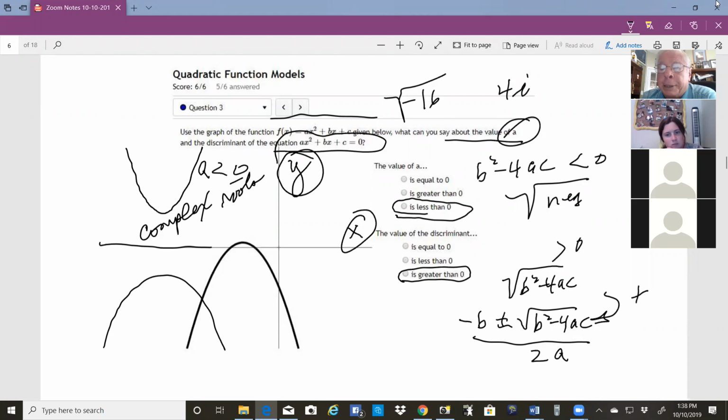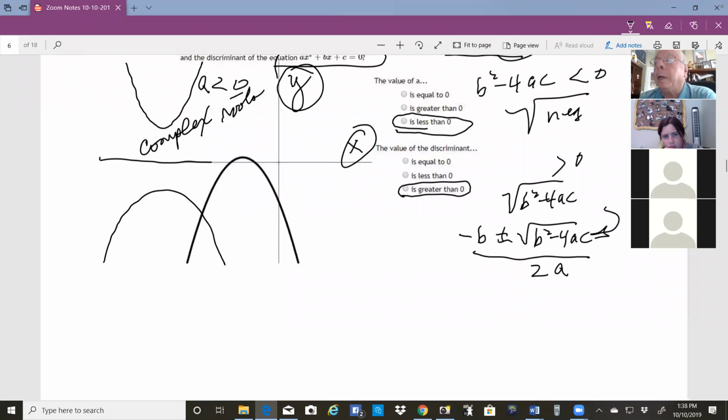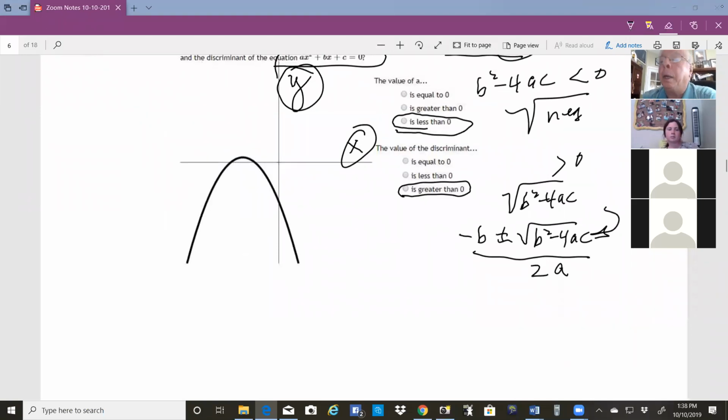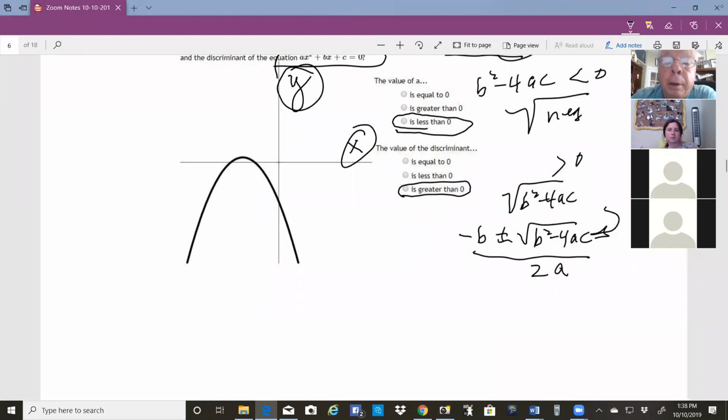Now the other case is, well, let me erase some things. Let's just say it did this. Boy, I can't draw very well. Suppose it just comes down and just touches the x-axis at one point, and suppose this were minus 5.